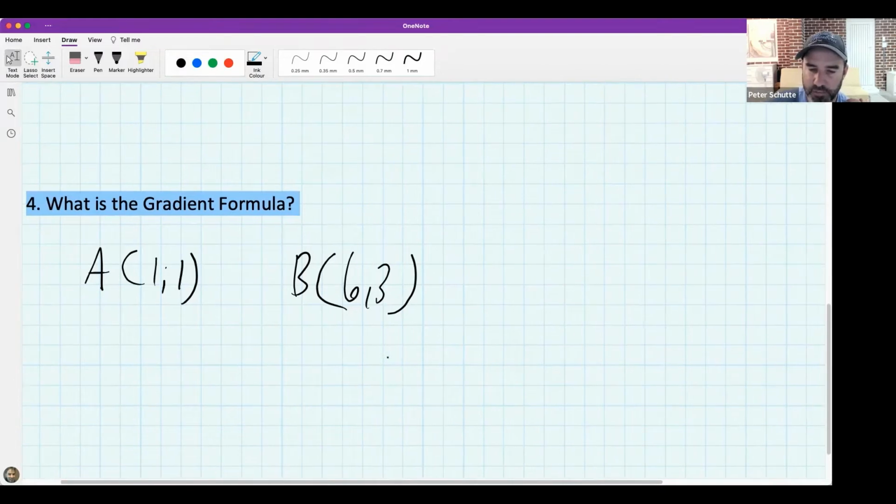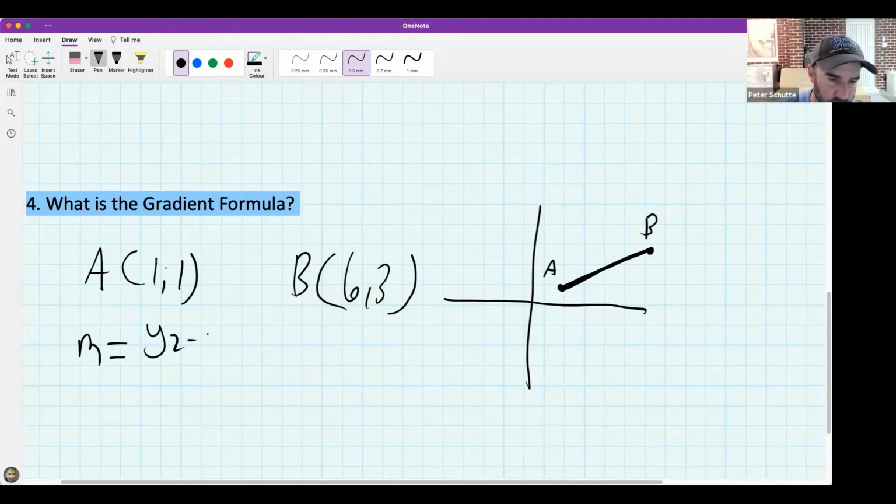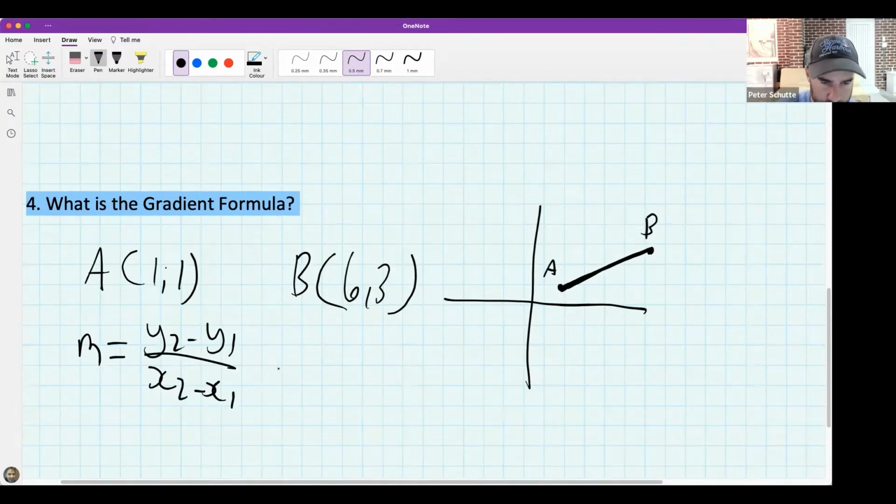Now, if you imagine the gradient between 2 points, let's just put A over here, and this one was up here. The gradient is how steep the line segment is between 2 points. The formula that you've been learning about since grade 9 is the change in y over the change in x.